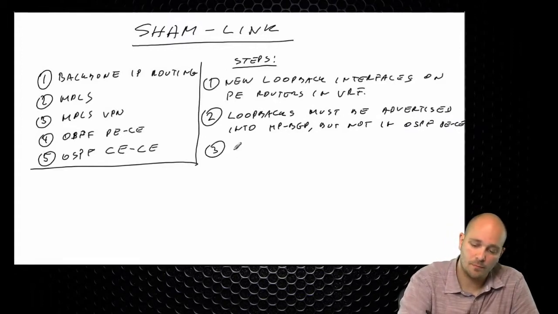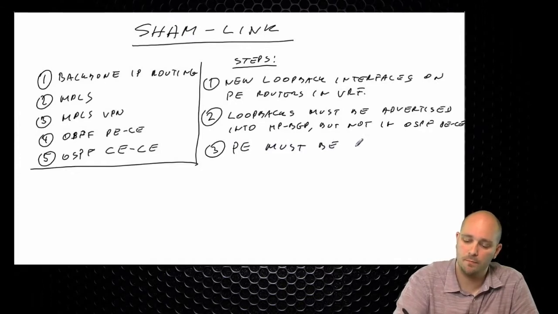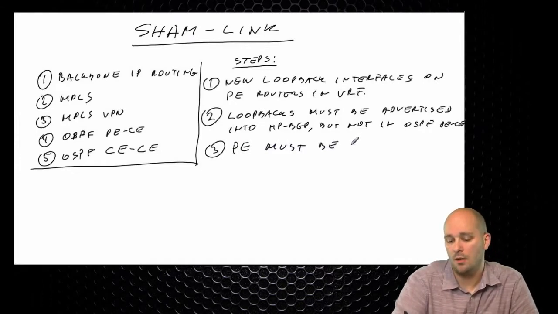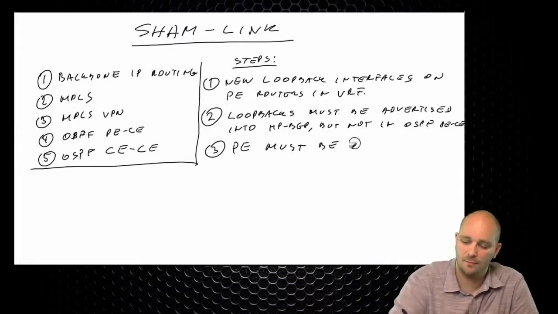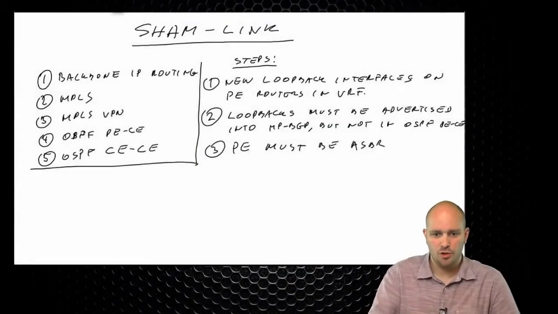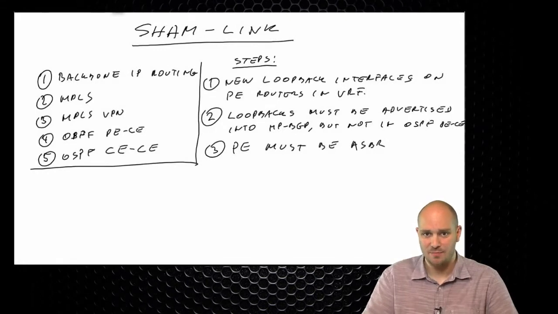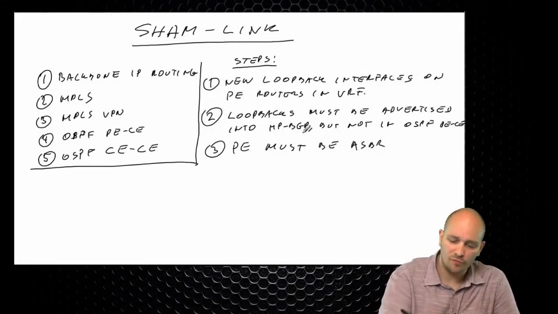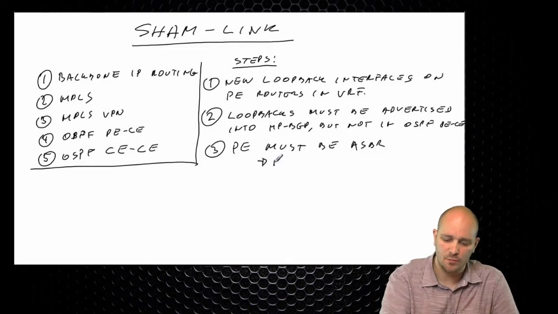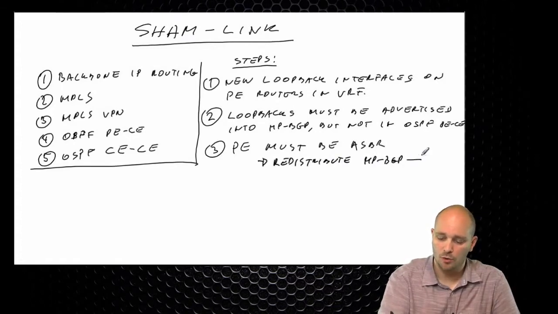Number 3, PE router must be ASBR. The best way to ensure that PE must be ASBR is to configure something to redistribute from MPBGP into OSPF.